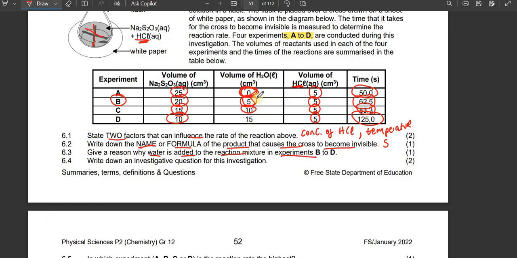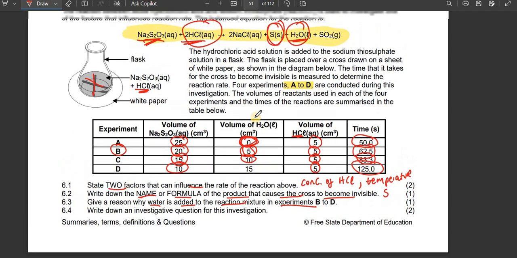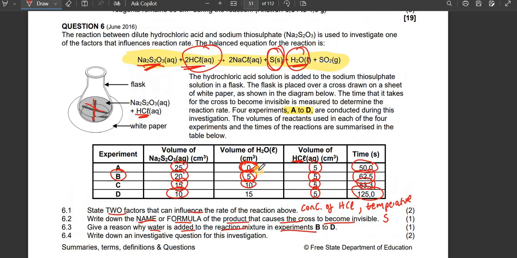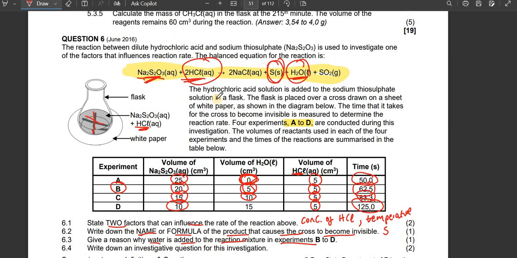Give a reason why water is added to the reaction mixture in experiments B to D. So here they were adding water from B to D. Why is it added to the reaction mixture? Oh, you see now this thing of not reading the instructions.